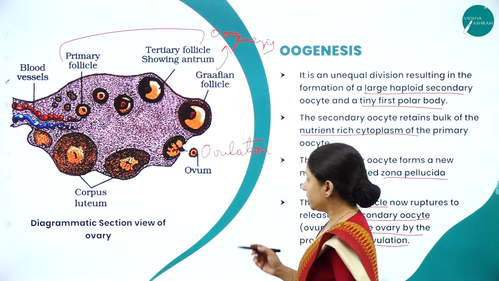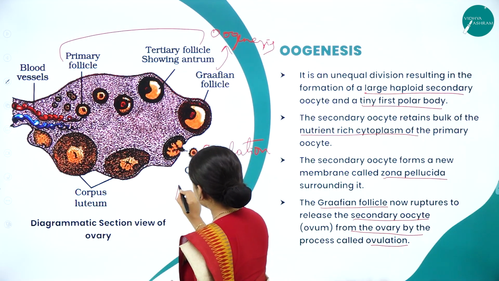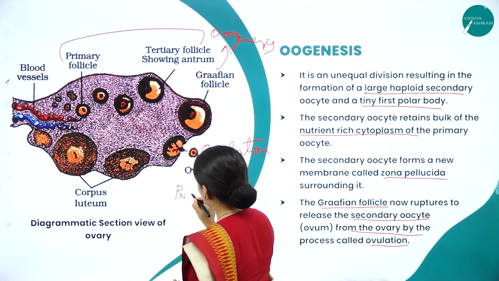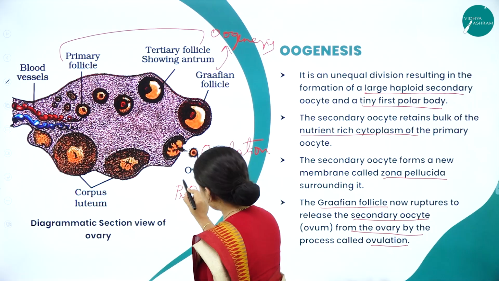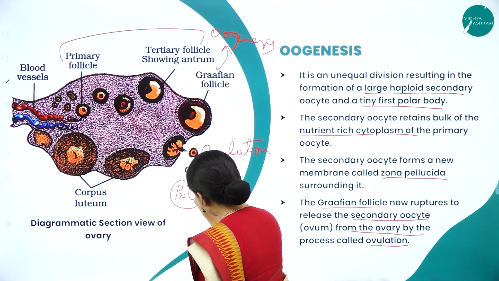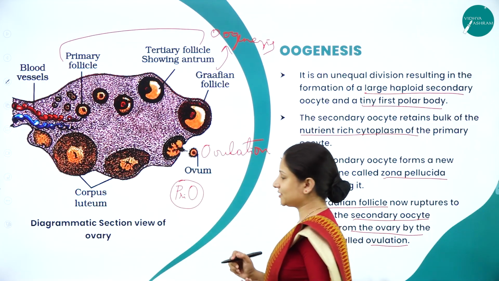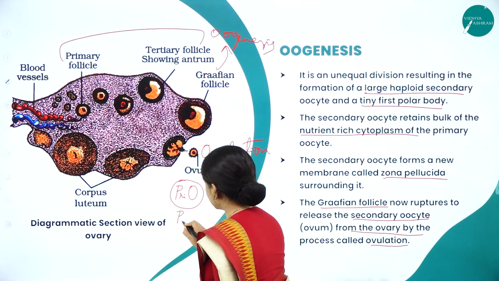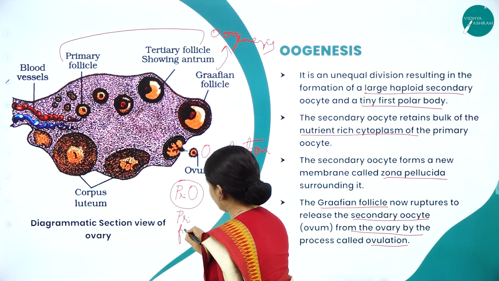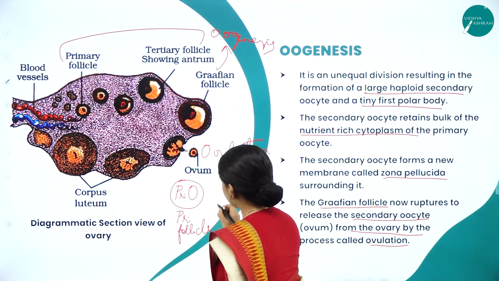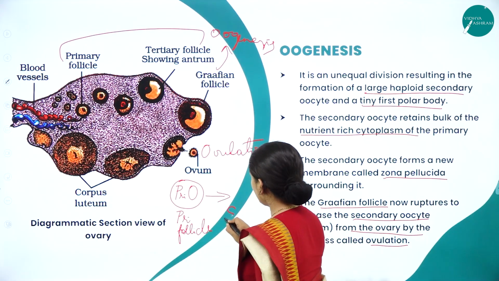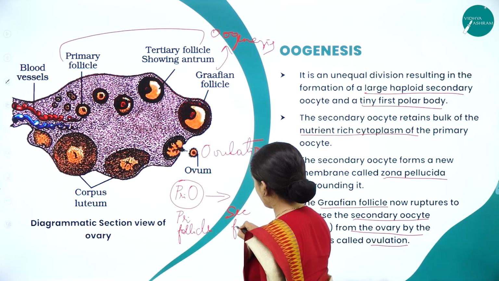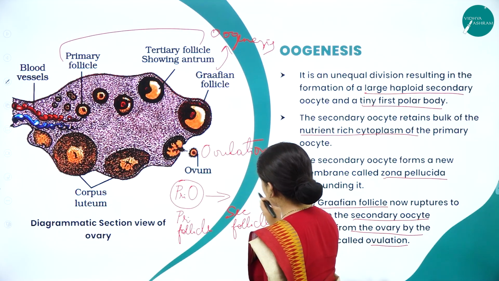To make it even more clear, we'll write it like this. There is the primary oocyte. This primary oocyte gets surrounded by granulosa cells, so we call it the primary follicle. Now this primary follicle will get converted into the secondary follicle. What happens in the secondary follicle?